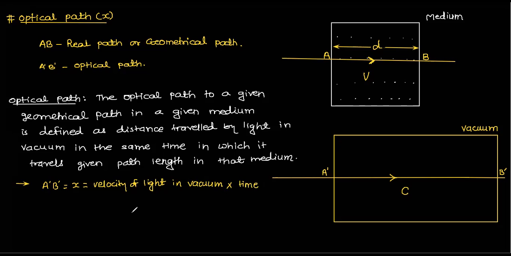Right? So can I write like this? x is equal to ct. Call this equation number 1.